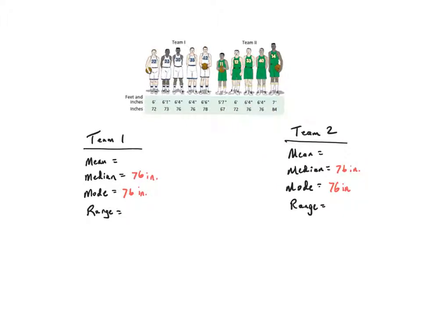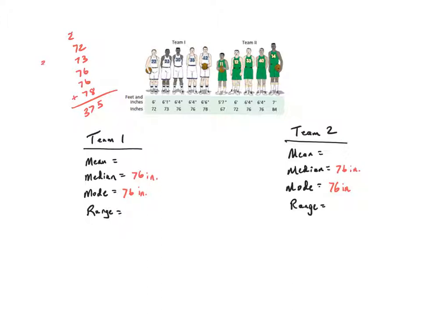The mean or the average is going to require me to do a little bit of calculation. I need to combine the heights for everybody on each of the teams. So I'm going to combine team 1 out to the side here. So I have 2 and 3, that's 5, 6 and 6 is 12, 12 and 8 is 20, that 20 and 5 is 25, carry the 2. 5 sevens is 35 and 2 is 37.